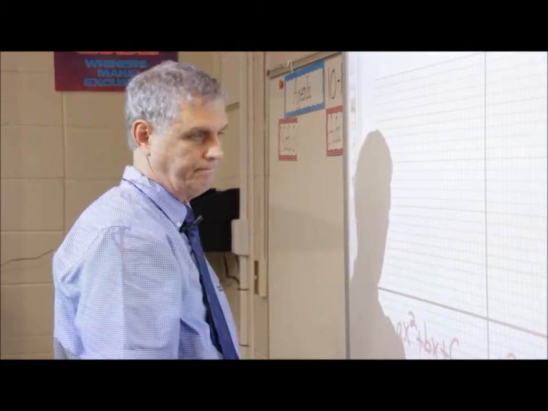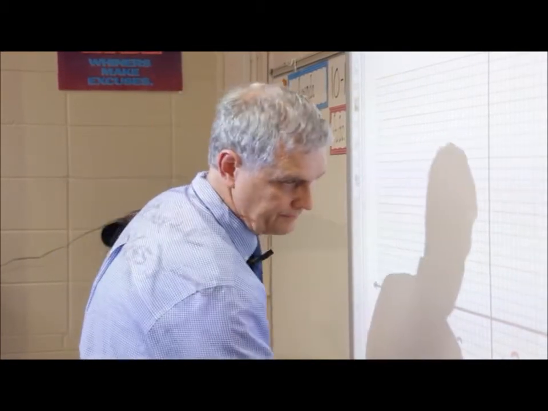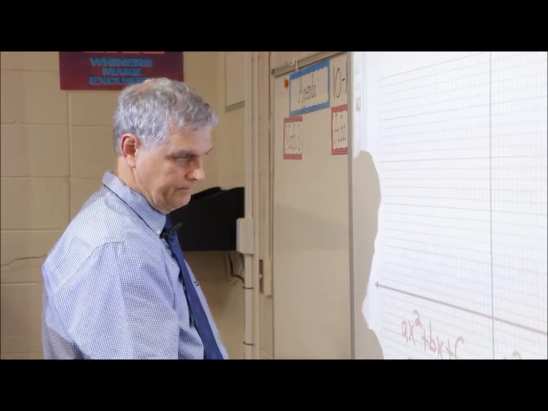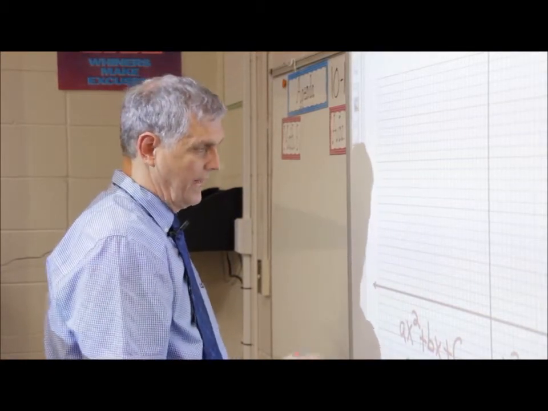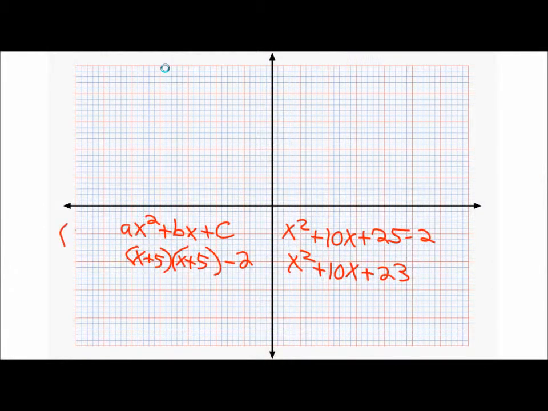We said it was x plus 5 times x plus 5. That's the same as x plus 5 squared, and our y would equal that. And that's one type of trinomial. Another type was the second type we showed, where it was y equals x plus 5 quantity squared minus the 2.